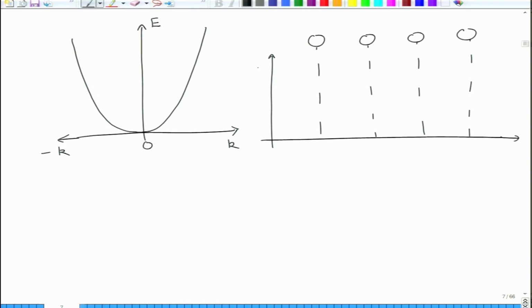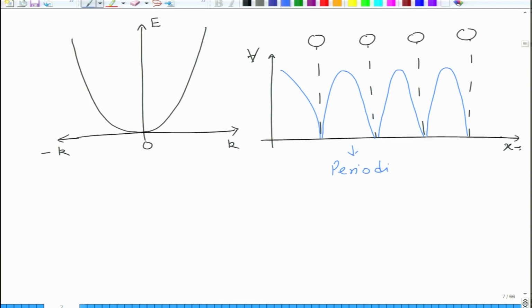This is nothing but a periodic potential. You are going to have a periodic potential in a periodic lattice. And if you do not have a periodic lattice, you will have an aperiodic potential, which means the potential will not have a periodicity either.